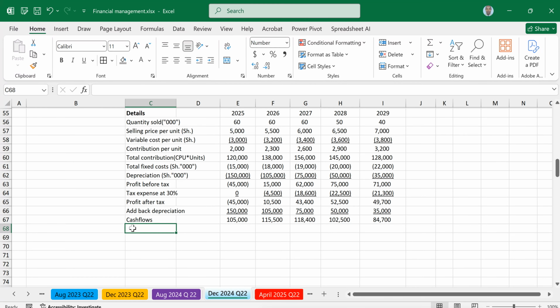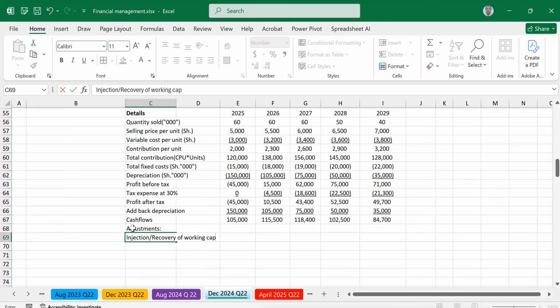There are adjustments that I want us to make on this. One, injection or recovery of working capital.